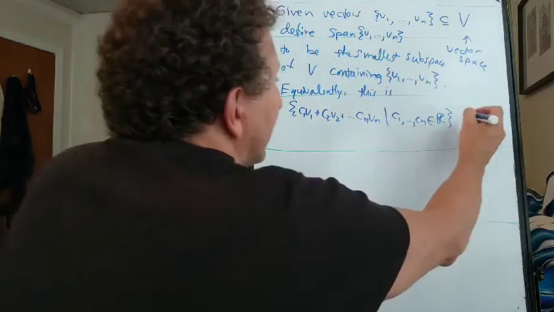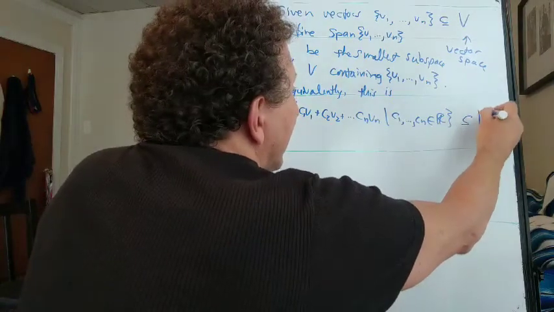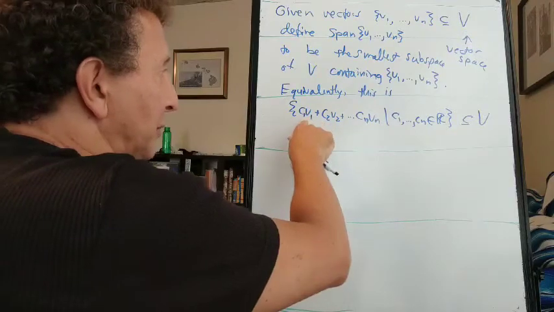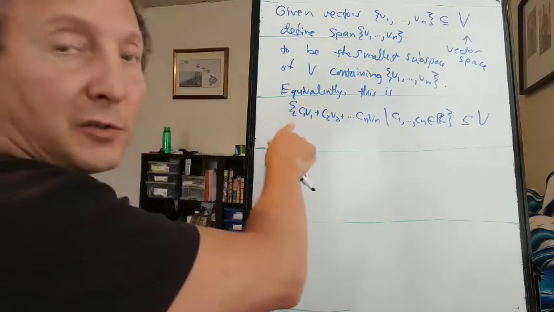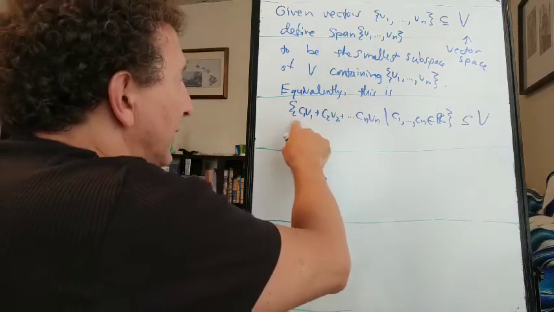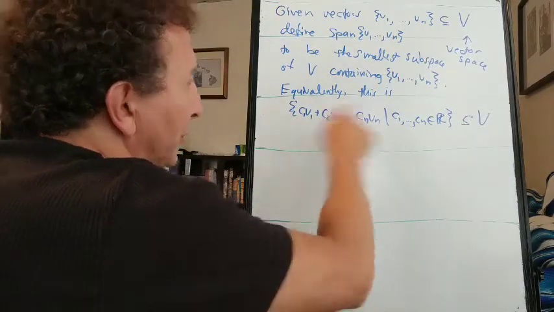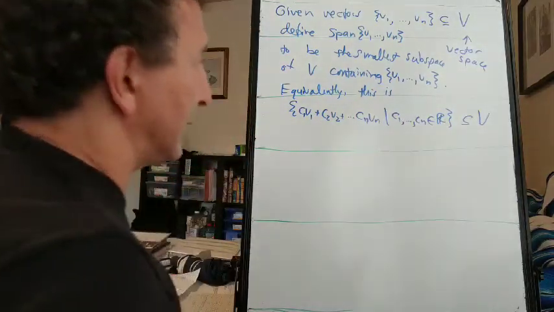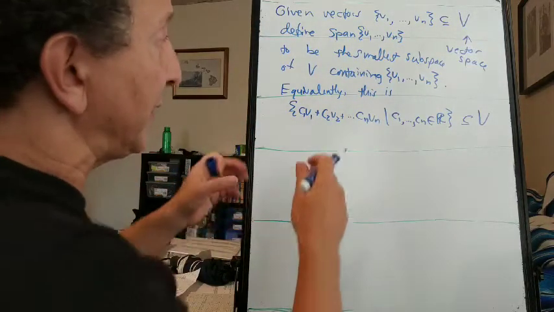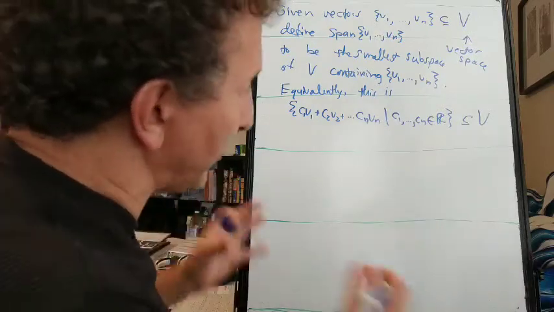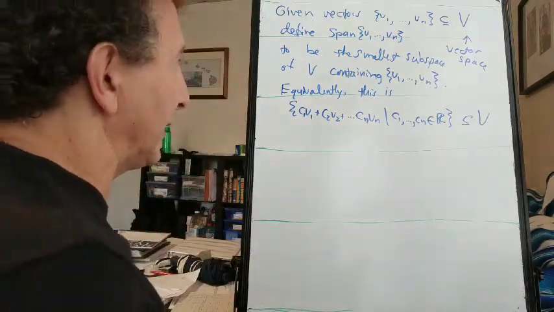So they'll necessarily be in the vector space, because the vector space is closed under scalar multiplication. So if you multiply one of these by a scalar, you're still in the space. And then the vector space is closed under addition. So all sums of this form will still be in the vector space. So these expressions are definitely in that vector space. They might even end up describing the whole vector space, or they might describe something smaller inside of the vector space.